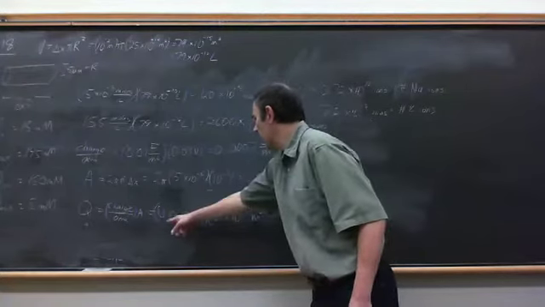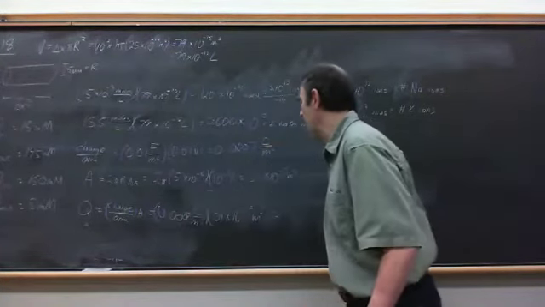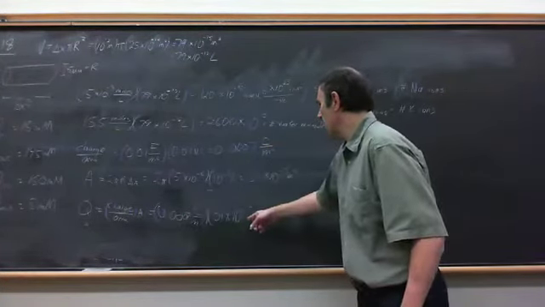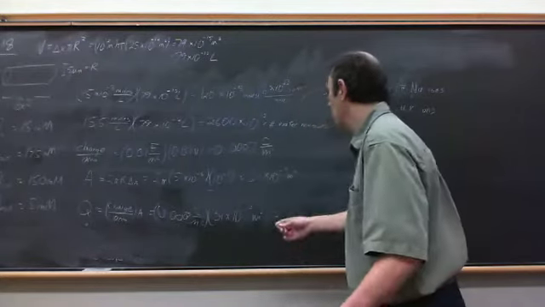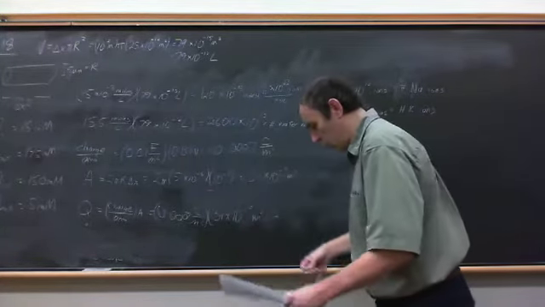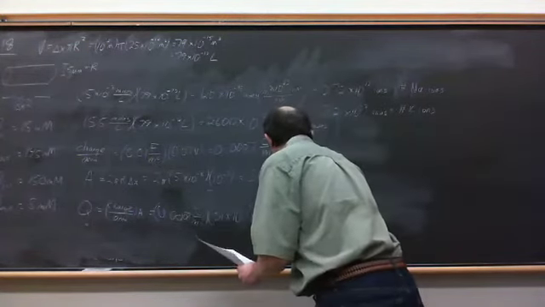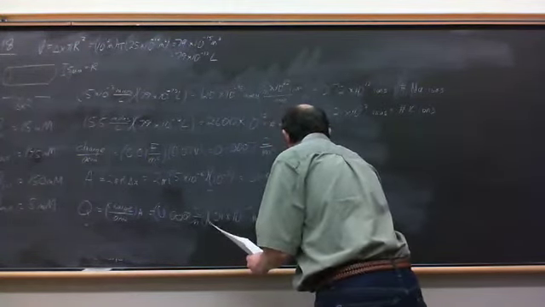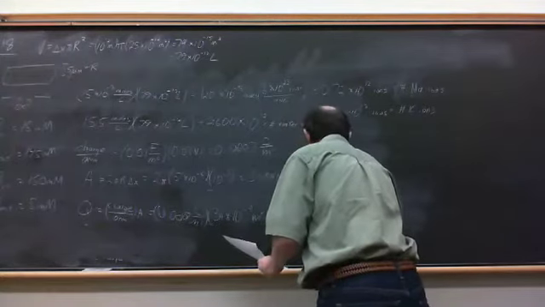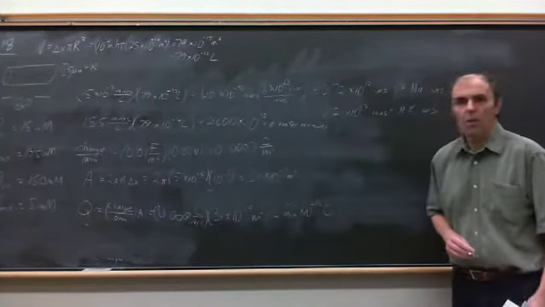So this is like 0.7 times 10 to the minus 3, so you're going to get something like 20 times 10 to the minus 12. It's actually going to give you 22 times 10 to the minus 12 coulombs of charge.